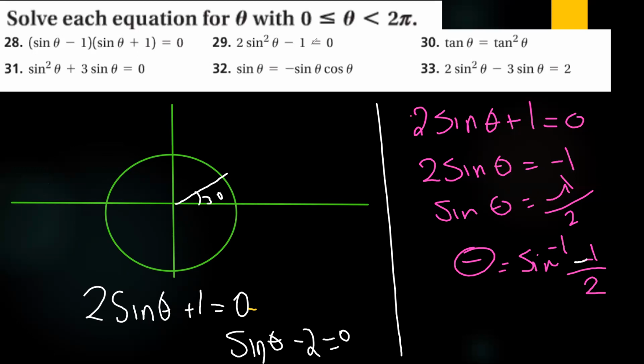But here I want negative half. So as we know, in quadrant 3 and in quadrant 4, the sine is negative. That means my angles are here and here. I need now to rotate starting from the x-axis with 30 degrees.